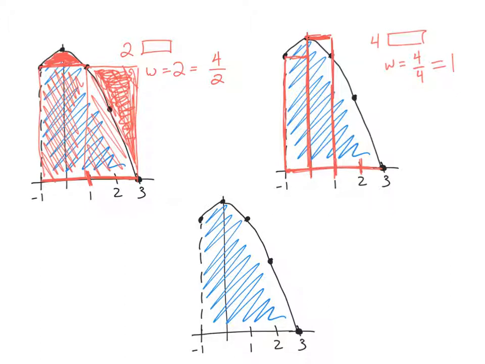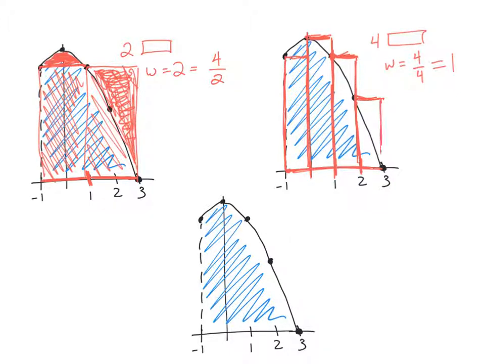So with this third interval down here from 1 to 2, we're going to follow that left endpoint 1 all the way up to the graph, which is right here. We're going to make that rectangle 1 unit wide and follow it back down to the x-axis. And in this last interval here, between 2 and 3, we're going to take this all the way up to the graph.